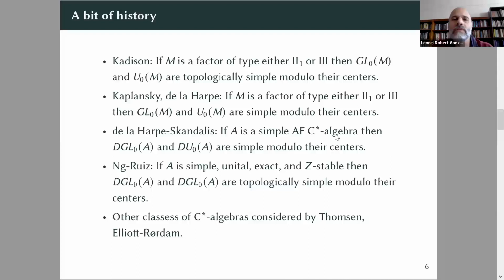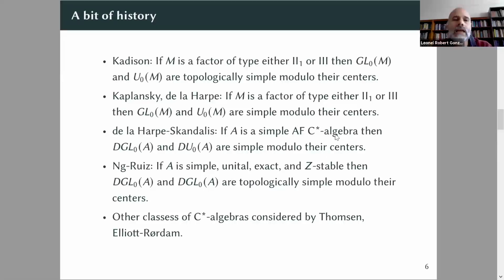The theorem of de la Harpe is a late 70s theorem, and that dealt with the final case, which was that the unitaries of a simple factor form a simple group, algebraically simple, once you divide by the center.